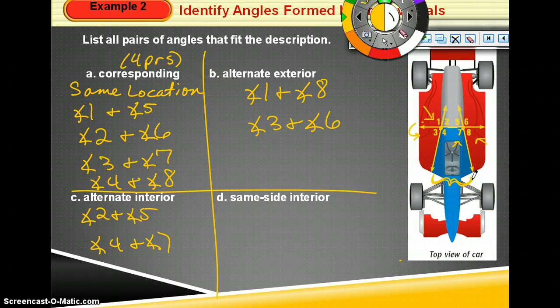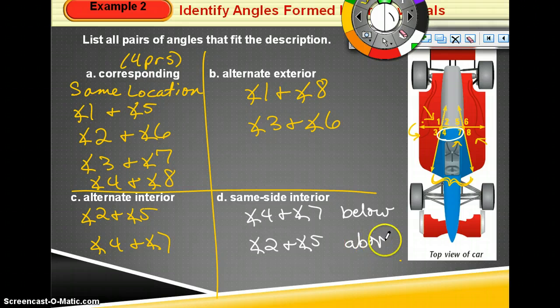So same side is going to be both below or both above. So if I look at both below, I'm looking at the 4 and the 7 right there. Okay, so angle 4 and angle 7, and then also angle 2 and angle 5. The 4 and the 7 are both below, and the 2 and the 5 are both above.